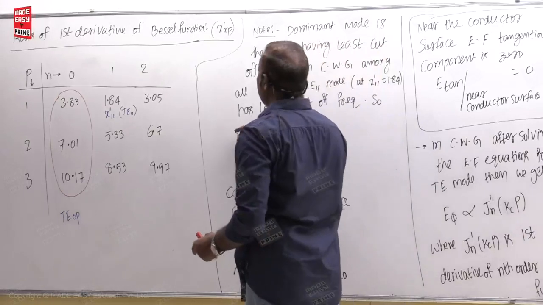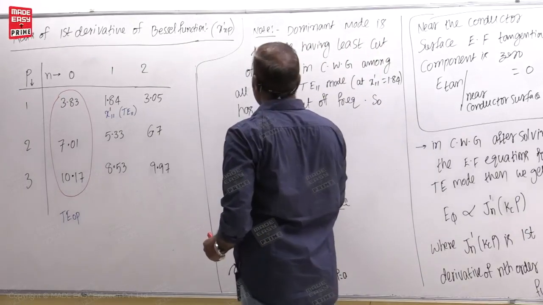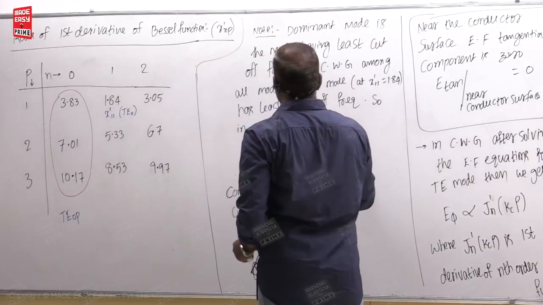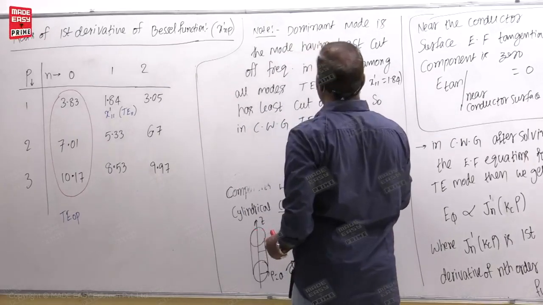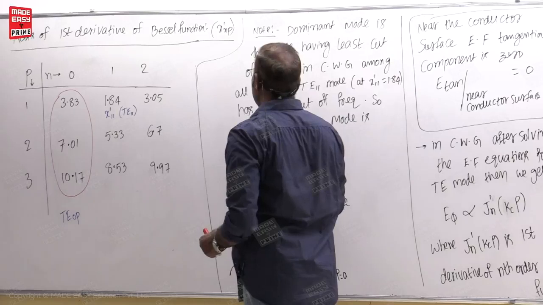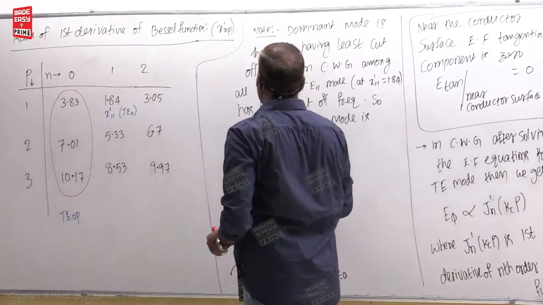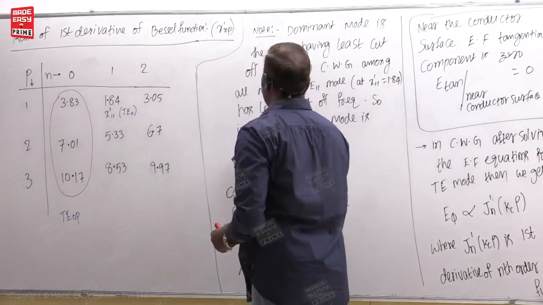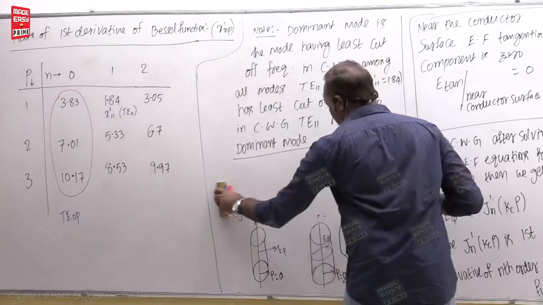So in the CWG, circular waveguide, the TE11 mode is the dominant mode. Okay.